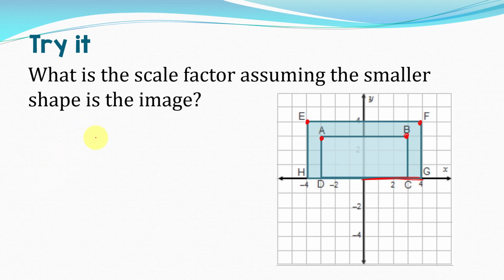But we need to see the image is the smaller one, so we need to go with 3. And the pre-image is the F, so that's 4. So the scale factor is 3/4. So the larger shape times 3/4 would give you the smaller shape.